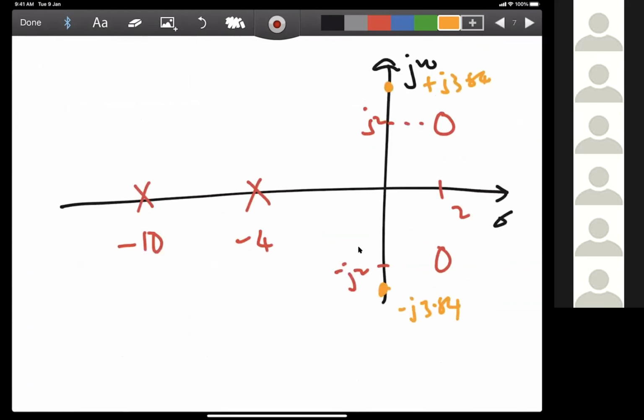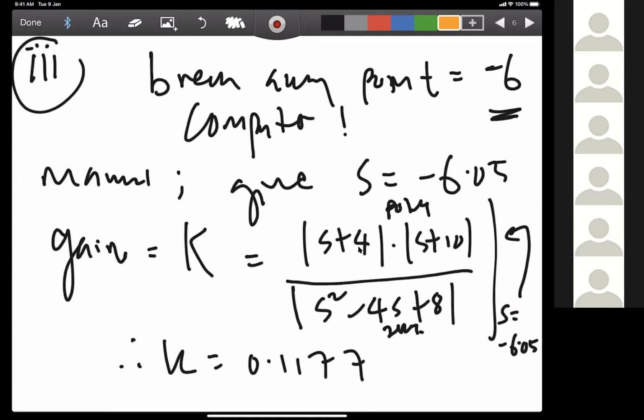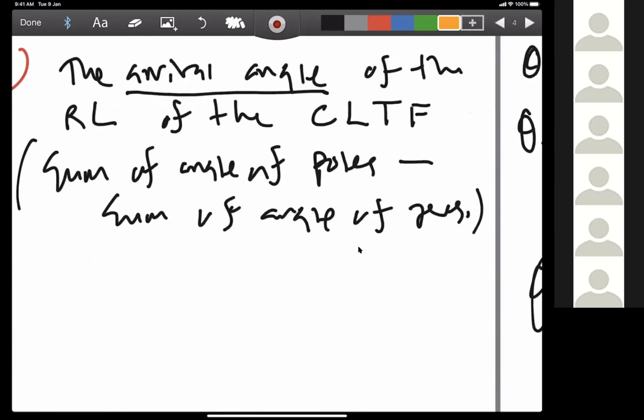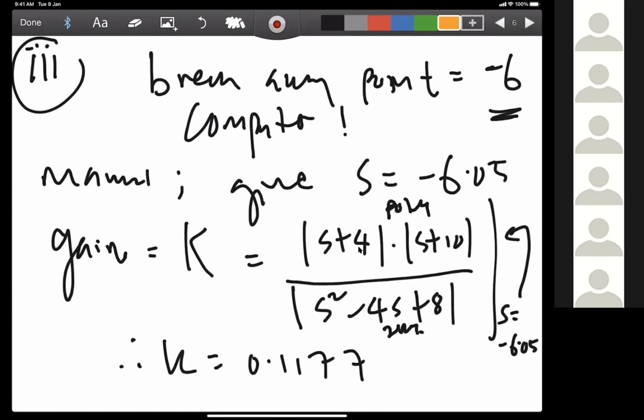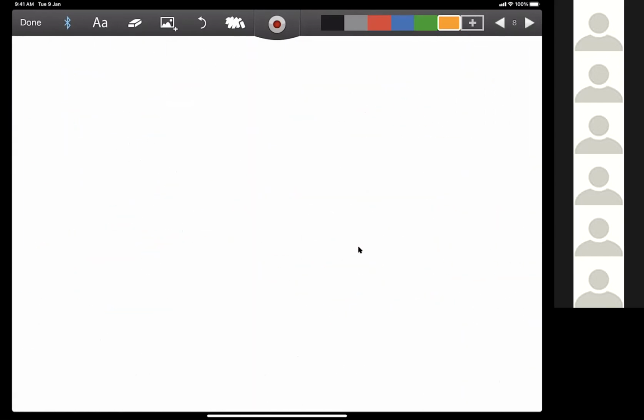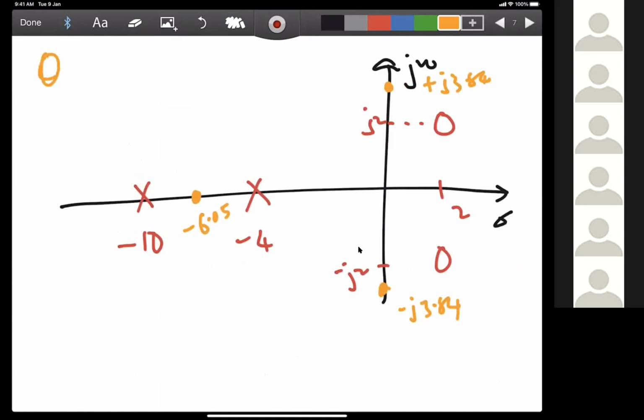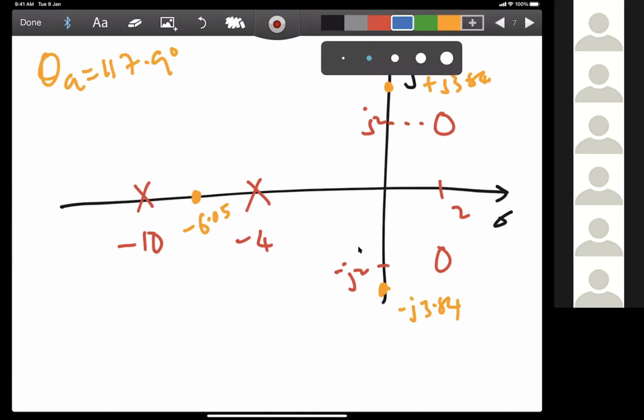Oh, the breakaway point, -6. Okay. What else? Departure angle, theta A, 117. So you can draw the root locus.